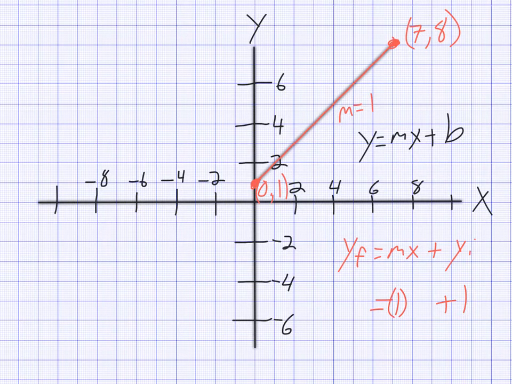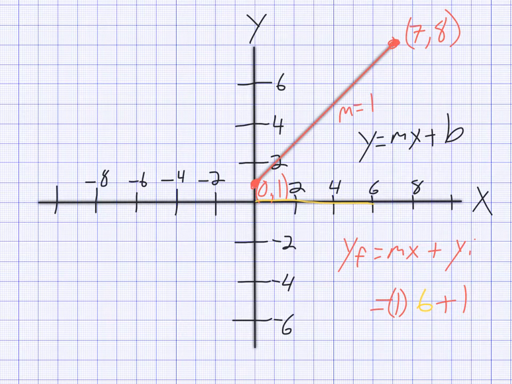And so let's say I wanted to see where it was after 6 in the x direction. Well, since I moved 6, I'm going to put that down here for the x. And then I just mathematically solve that. 1 times 6 is 6, plus 1 is 7.